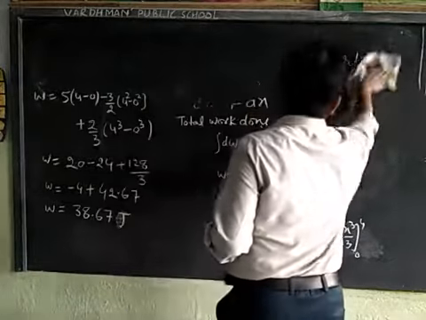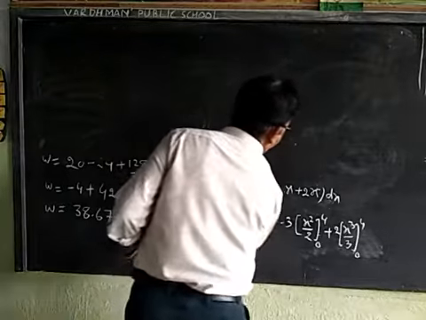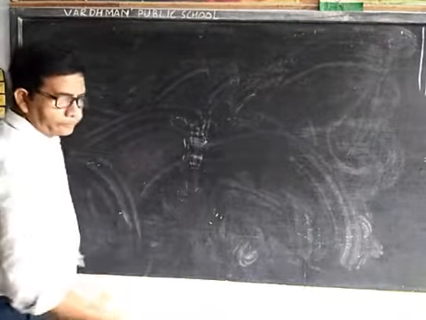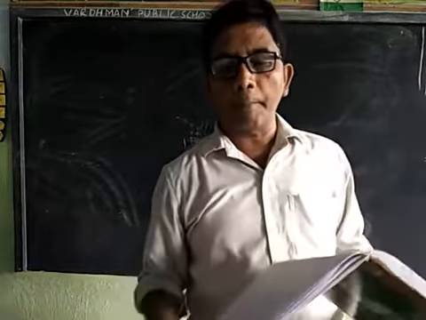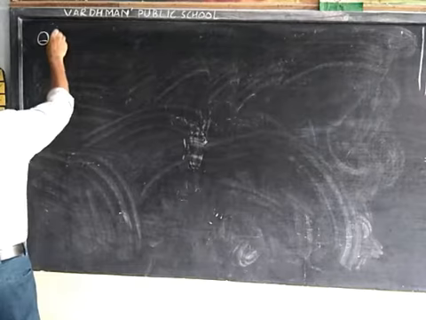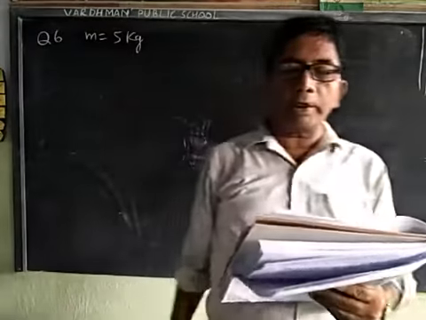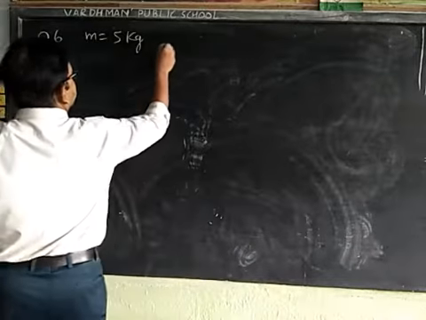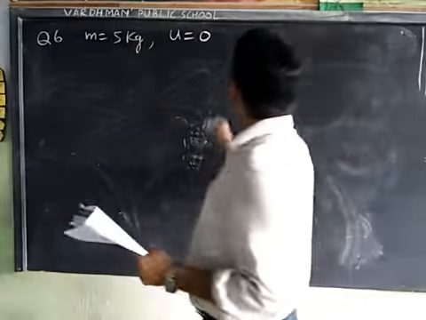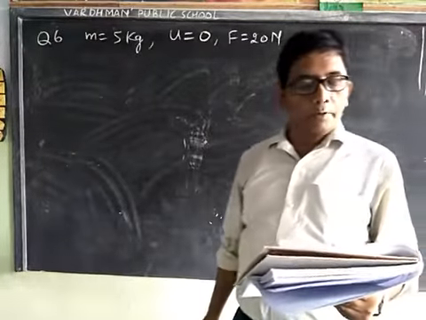Now we will discuss the next numerical. A body of mass 5 kilogram, M is equal to 5 kilogram, initially at rest, that is u is equal to 0, is subjected to a force of 20 Newton.